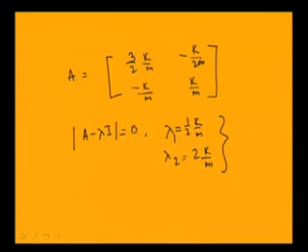So, the natural frequency or the normal mode frequency of the system, omega 1, will be equal to root over K by 2 M, and omega 2 will be equal to root over 2 K by M.